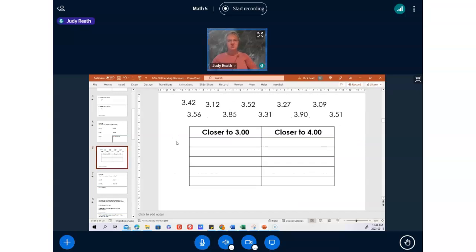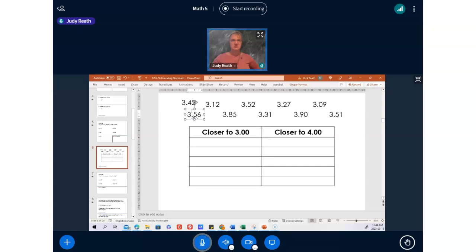So here we have a chart, and we want to sort if they're closer to $3, I say $3 because it looks like dollar notation, right? Closer to 3 or closer to 4? Well, we just want to look at the number that is next to the 3, right? So if we look at this number here, 3 56/100.